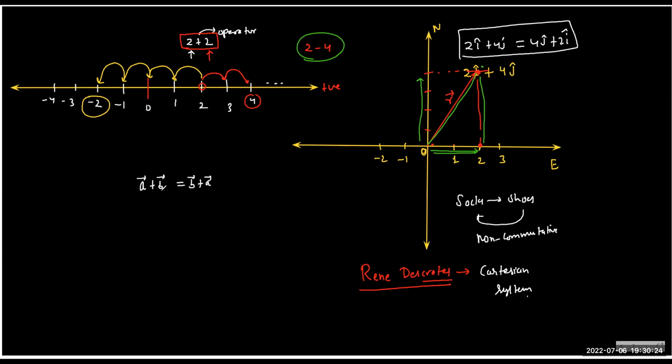Vector addition is always commutative. So switching the order will not change the answer. So we call it the commutative law, the commutative property.